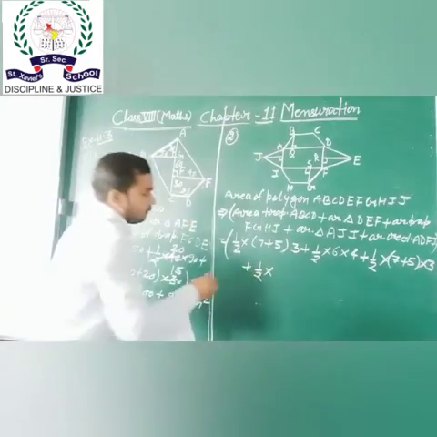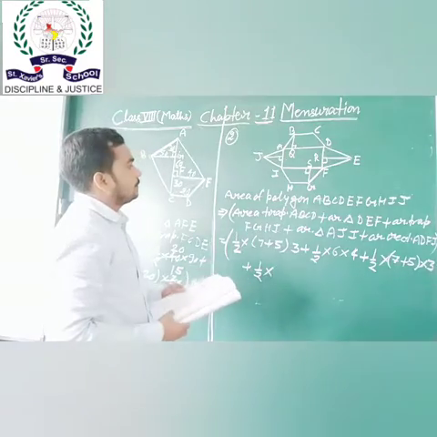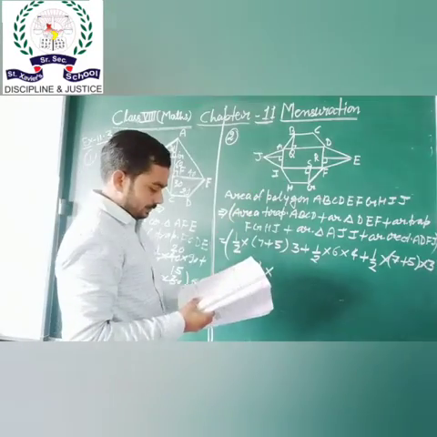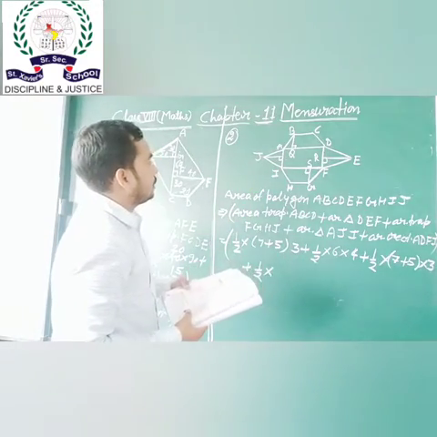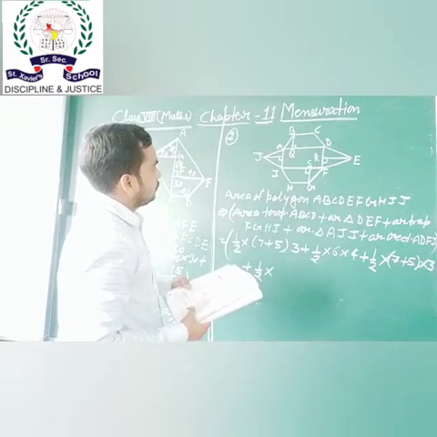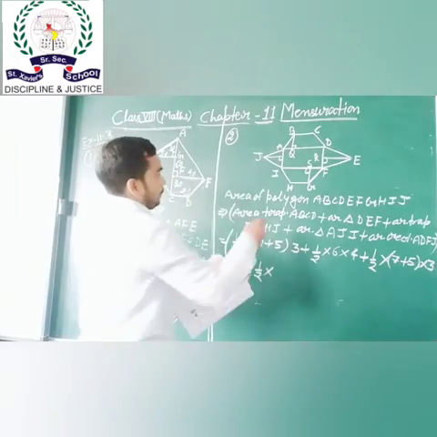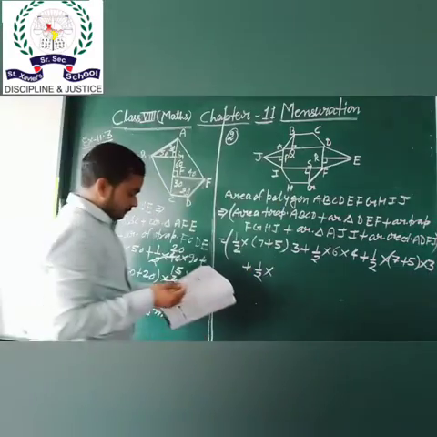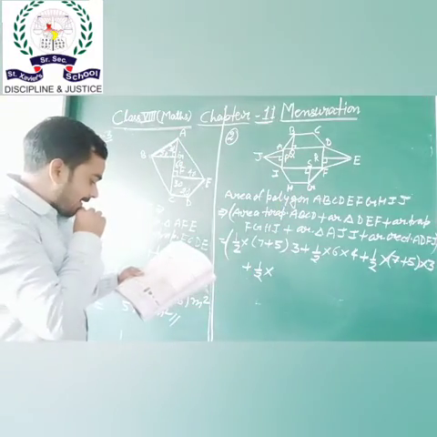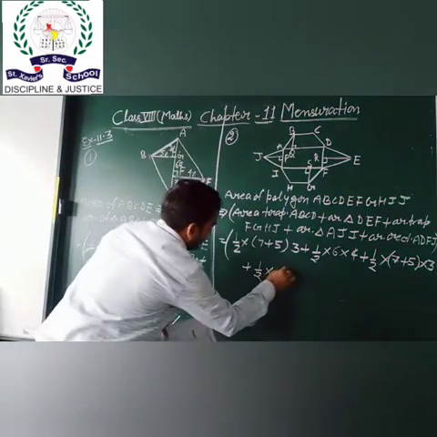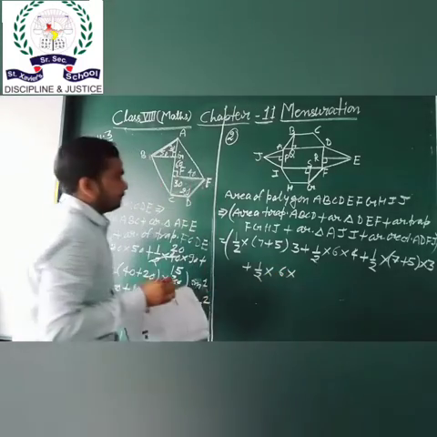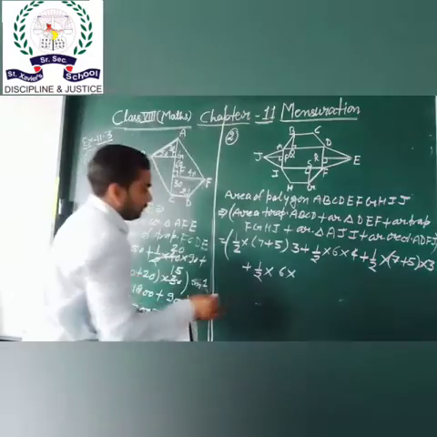1/2 area of triangle AJI, 1/2 IA into JP. AI is given 6 centimeters, so 1/2 into 6 into JP equals 4.